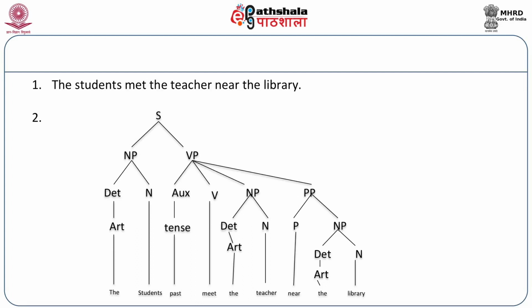the S is divided into two parts, noun phrase and verb phrase. The noun phrase has again two constituents, a determiner, which is an article, the, and N, students. And then within the VP we have an auxiliary, which is tense, but there is no other auxiliary verb.